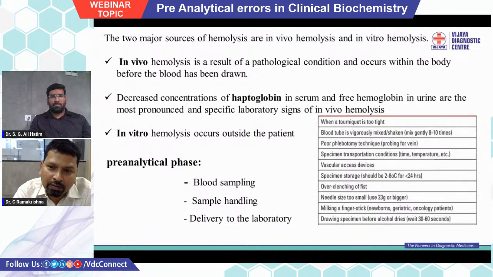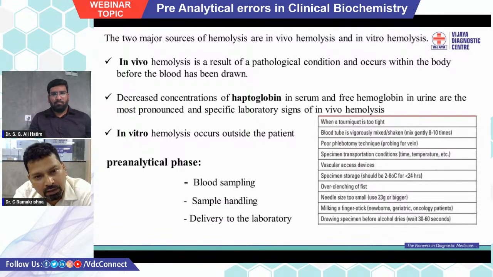What are the mishaps that can occur while collecting a sample? The tourniquet is too tightly tied, the needle is too thin, and the prick is given even before the alcohol swab is dried up.